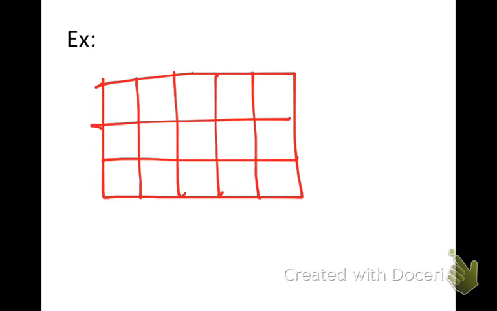How many squares is this? What would the area of this be? Go ahead. 16? 15, yeah, it's 15 squares. I can get that by counting each one.